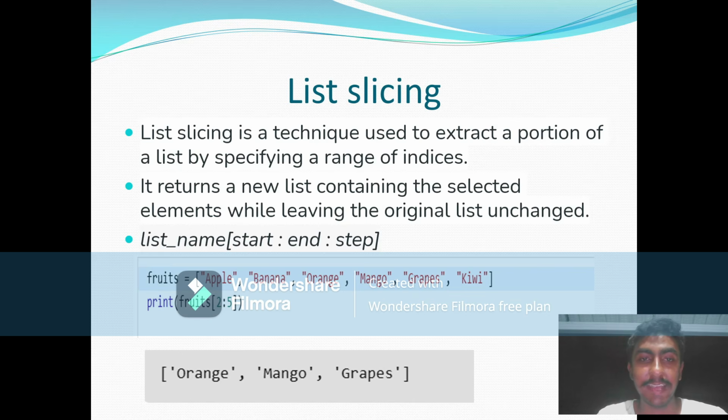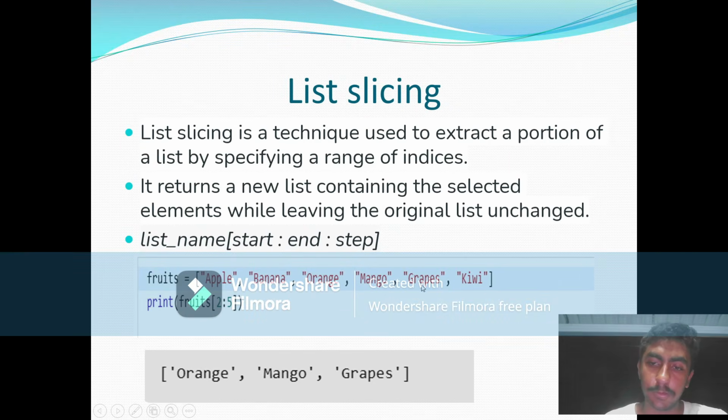The general syntax is list name, start, end, step. Suppose we have a list of fruits. If I want to print fruits from the second index to the fourth one, Python gives the output orange, mango, and grapes.